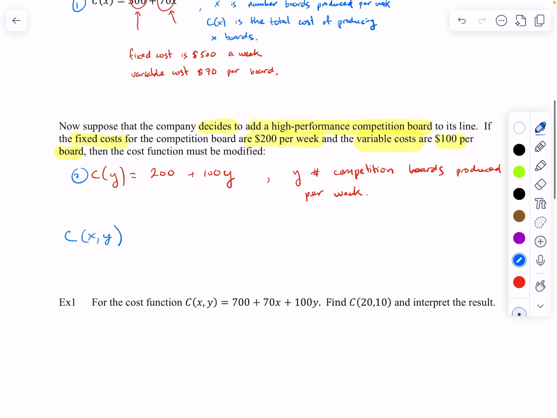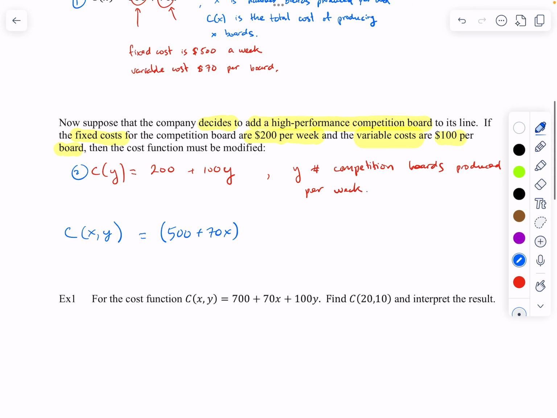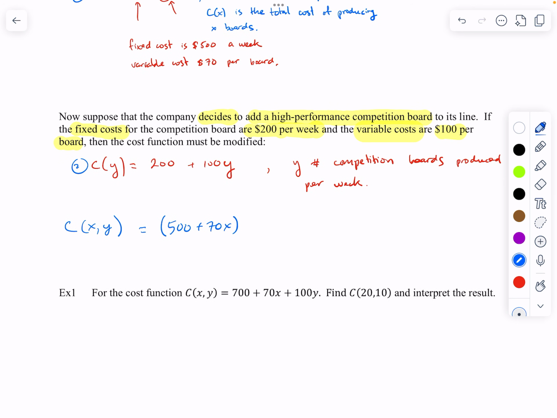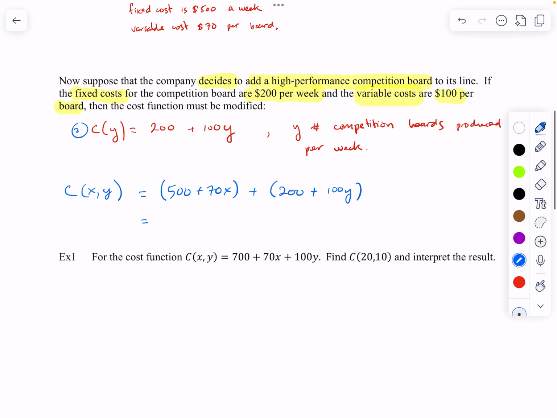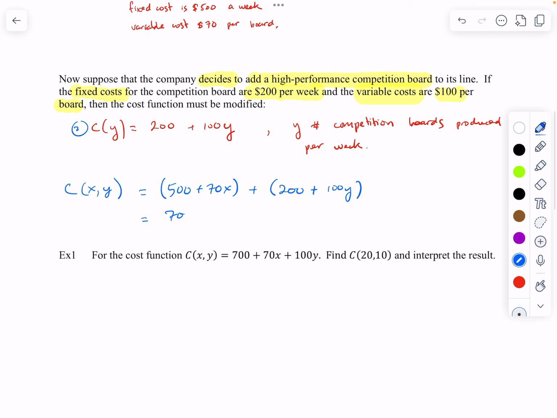So we have 500 plus 70x, which is the total cost for producing the standard boards, and then plus 200 plus 100y, which is the total cost for producing high performance boards. If we simplify that, it gives us 700 plus 70x plus 100y. So this stands for the C of x and y.